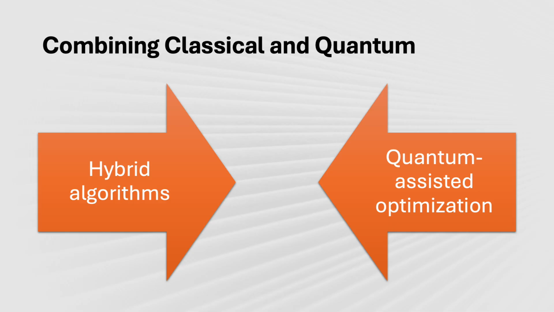Volkswagen used a hybrid quantum classical algorithm where the quantum computer explores different route combinations simultaneously using superposition, while the classical computer handled the practical details like current traffic data and scheduling constraints.